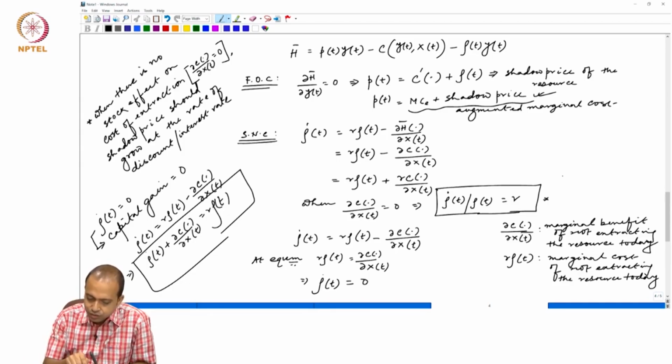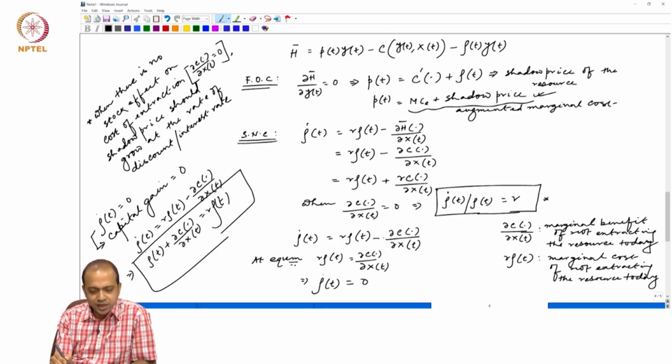From there we derive rho dot t equals r into rho_t minus this. You can conveniently keep it positive or negative. If I keep it negative, it will also become positive because this is negative. So, at equilibrium these two are equal: r into rho_t equals this.